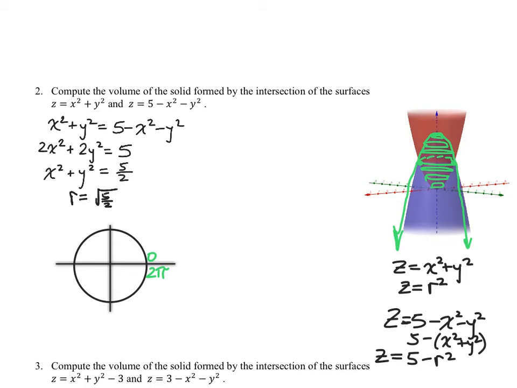All right, so my double integral going from 0 to 2 pi, then 0 to root 5 over 2 of 5 minus r squared minus r squared, all that times r dr d theta.